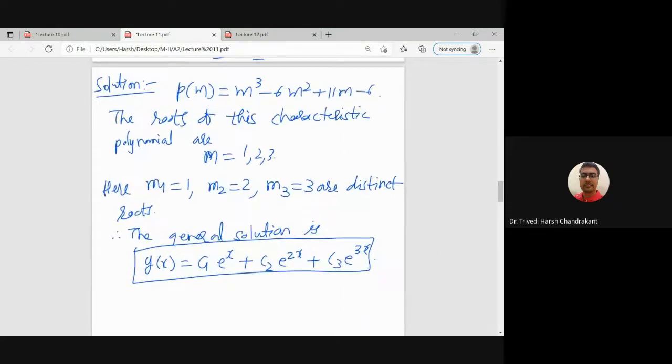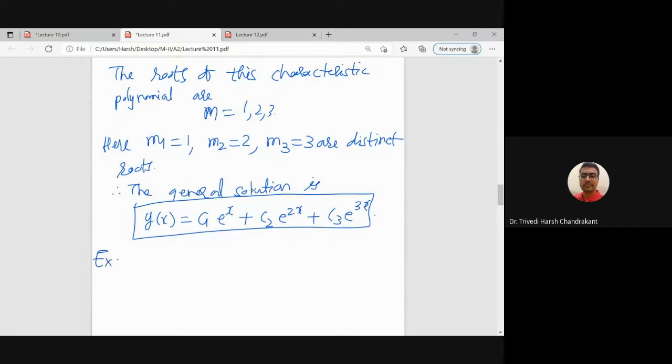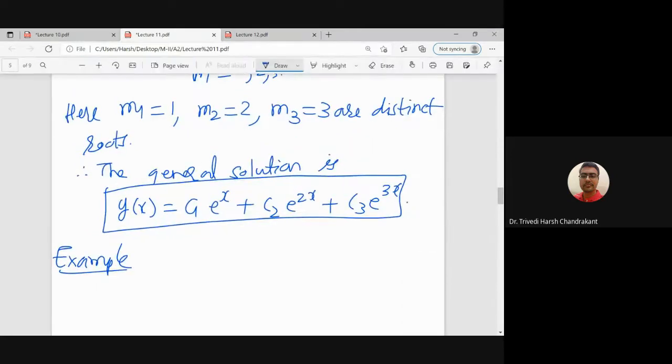Now let us discuss the case of repeated roots. We want to solve the differential equation y triple dash minus 2y double dash plus y dash equals to 0.